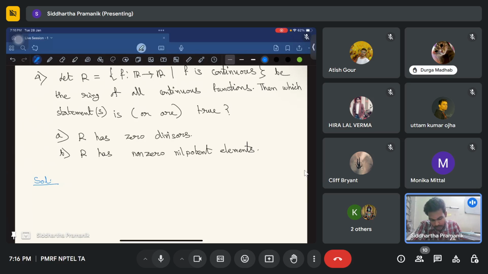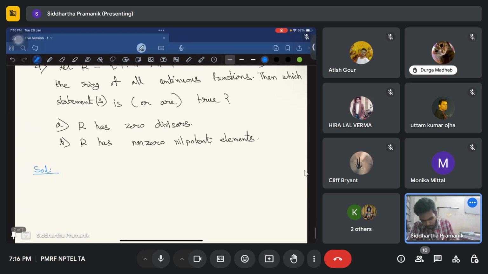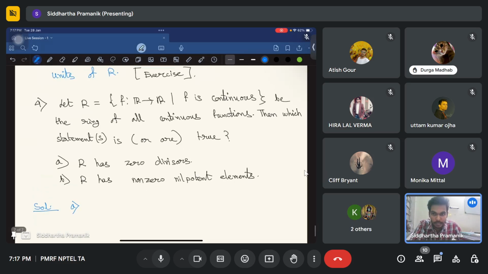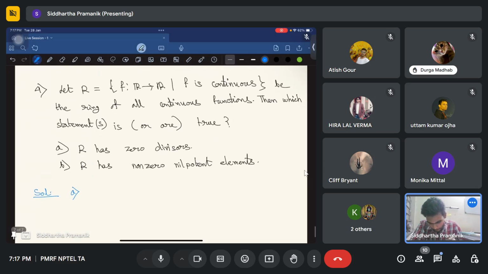Does it have any zero divisors? Can you give examples? One student is saying yes. What about others?